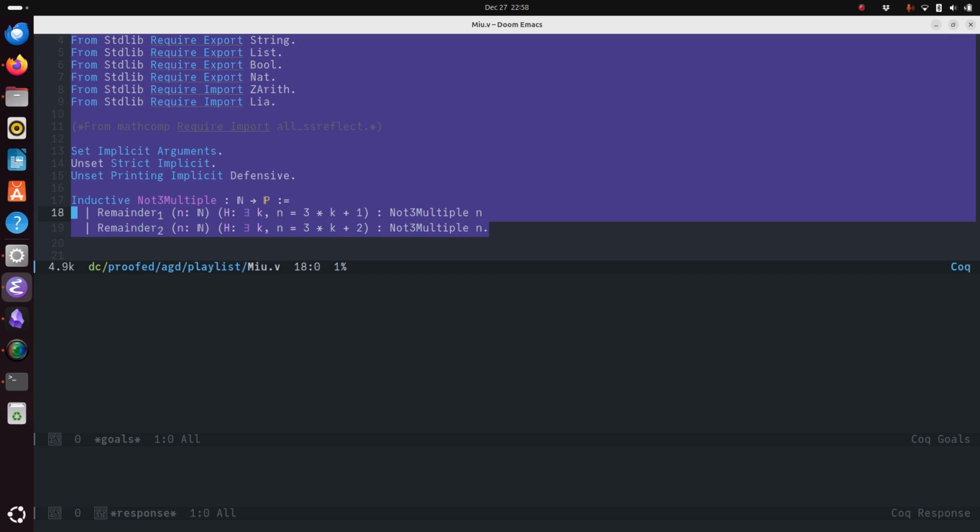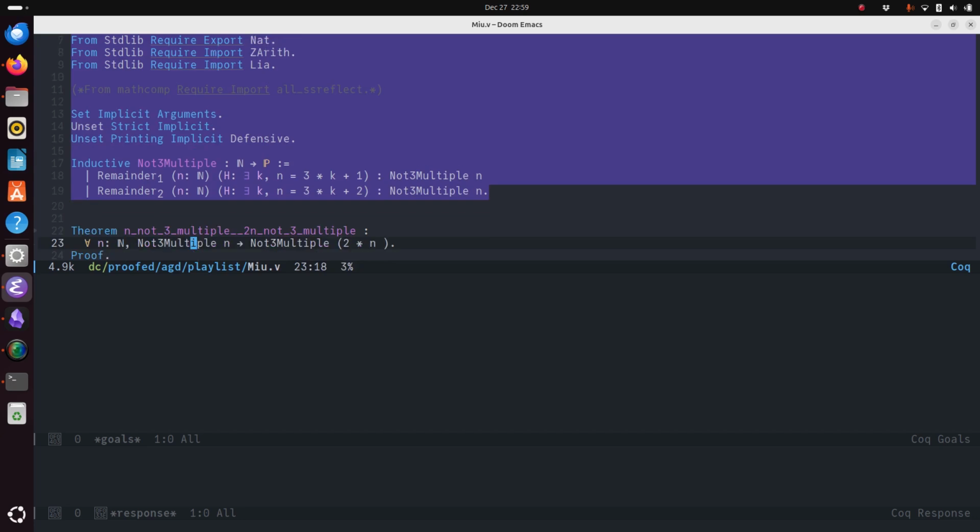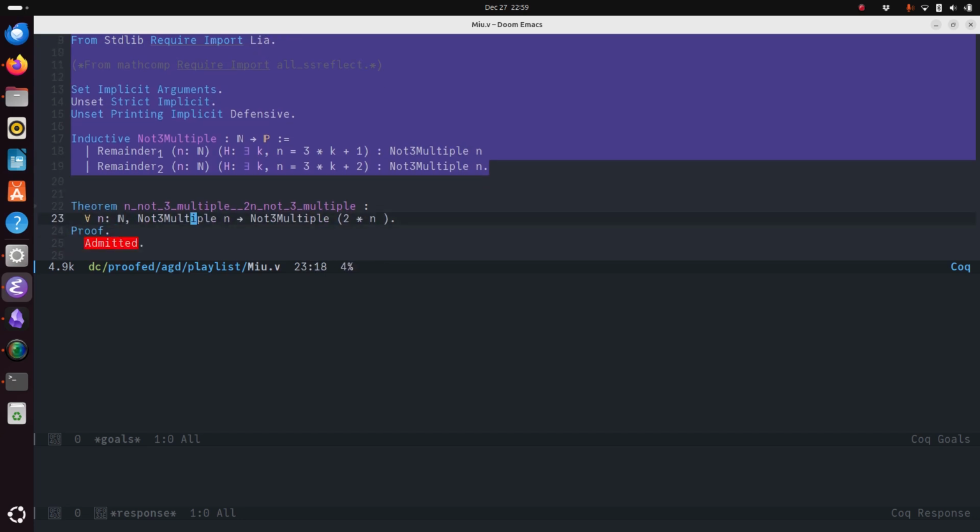So this is our data type. This is the equivalent data type for not multiple of 3. We are calling it here not 3 multiple. Let us prove this little theorem which says that for all natural numbers n, if n is not a multiple of 3, 2n is also not a multiple of 3.